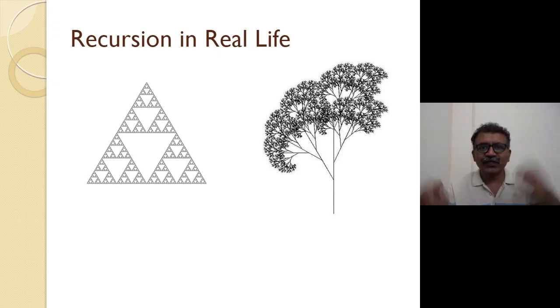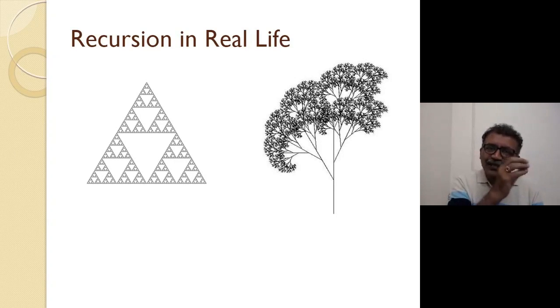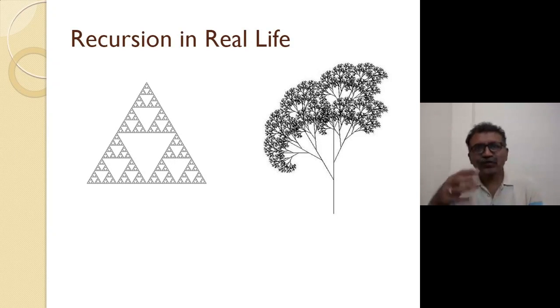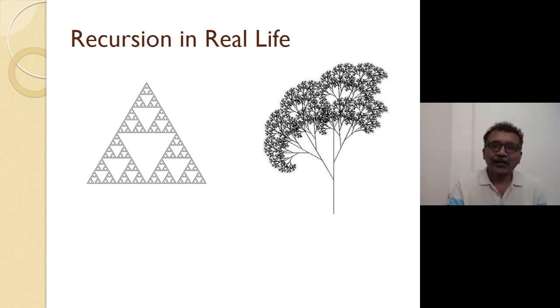At each particular point, there is a smaller tree. So that is a recursive mechanism you can find in nature. Nature loves that recursion. You can find a lot of recursive examples in real life, right?